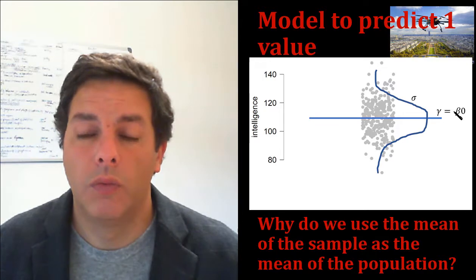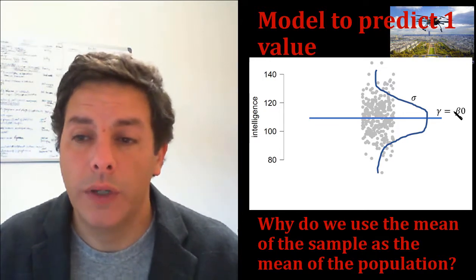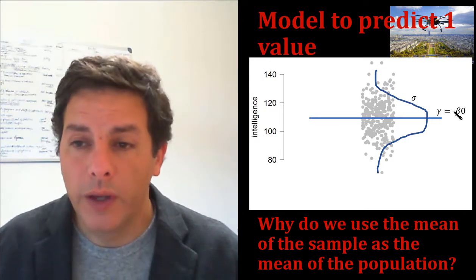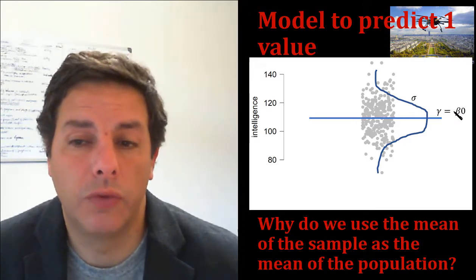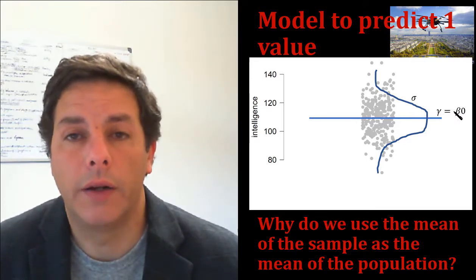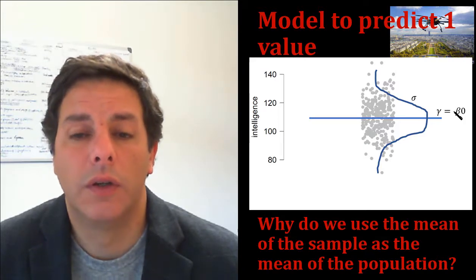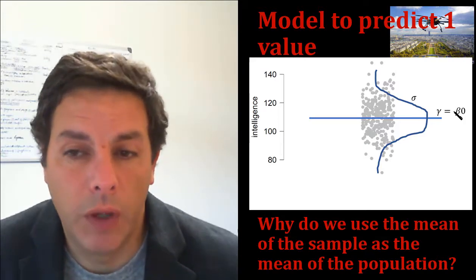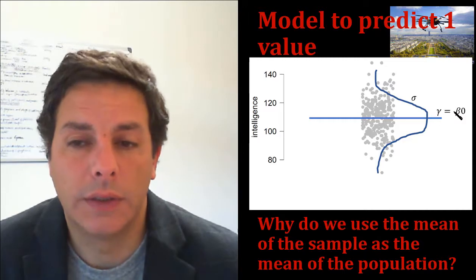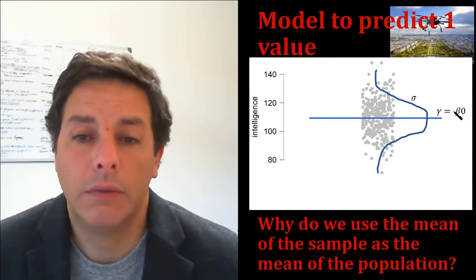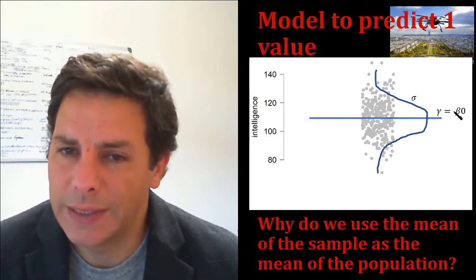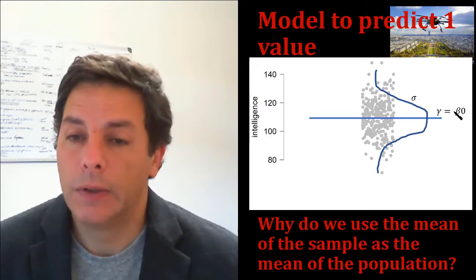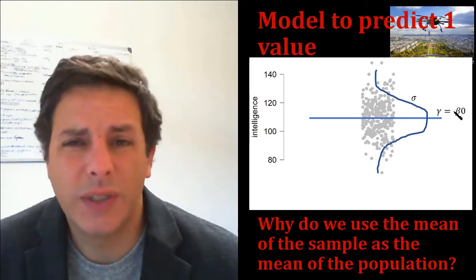So the way we do that is we say, okay, we expect values close to the mean of this sample to be more likely. So if we collect one data point, it will be close to the mean of this sample, between 100 and 120.